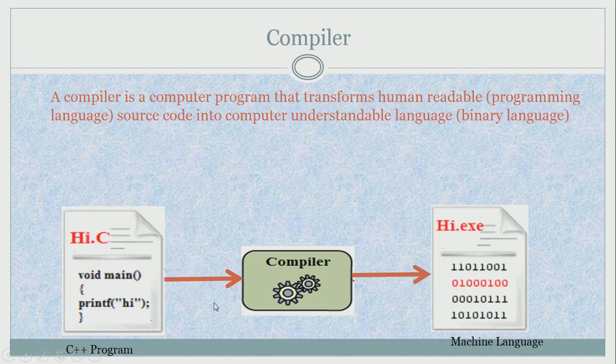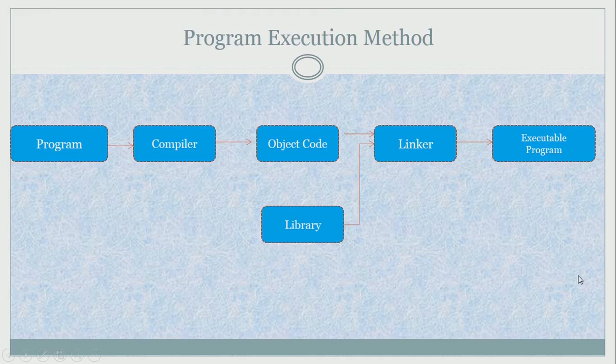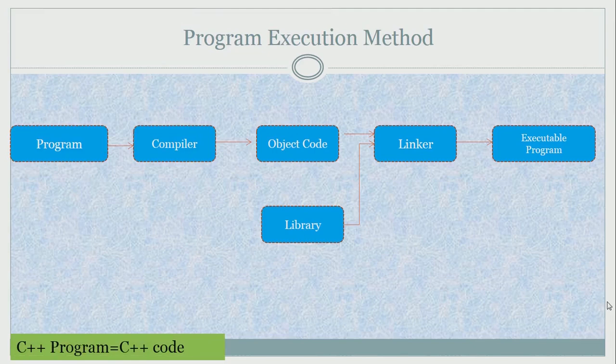It is converting the program written in C++ language to a program written in machine language so that the computer can understand it and follow the set of instructions in the program given by the user, or you can say programmer. So the basic purpose of a compiler is translation, and that's why it is known as a translator. Another important point is that another word for program is code as well. So a C++ program is also known as C++ code.